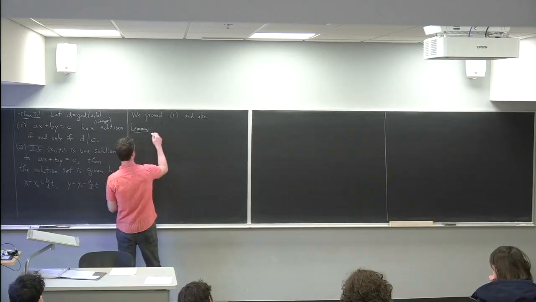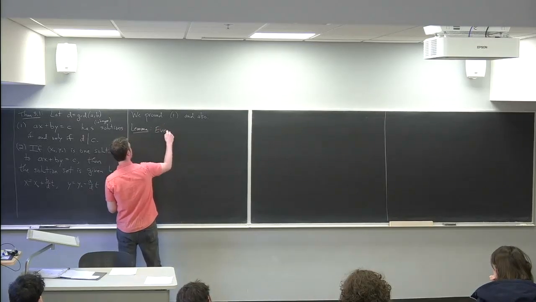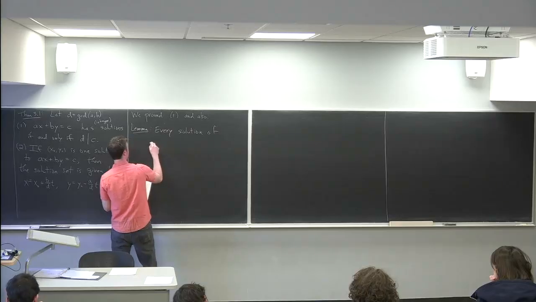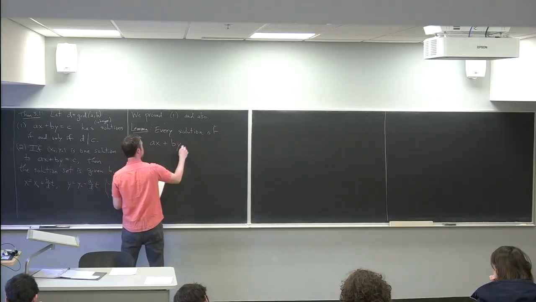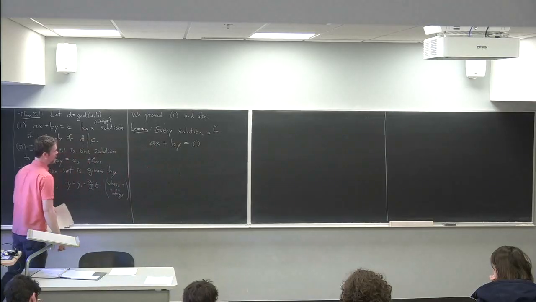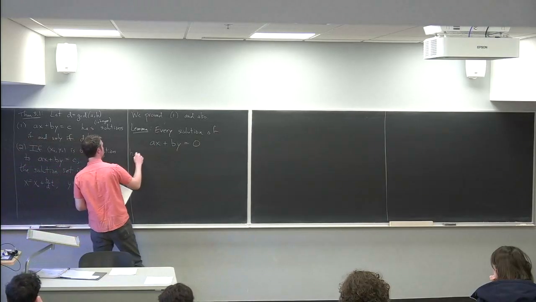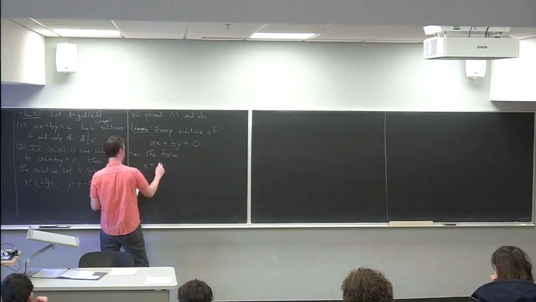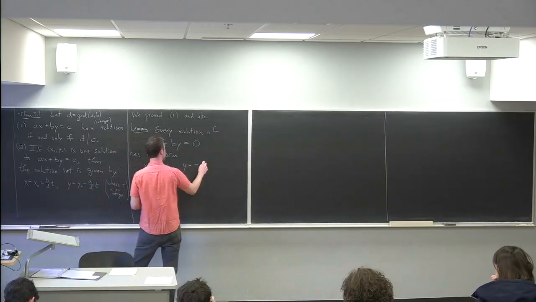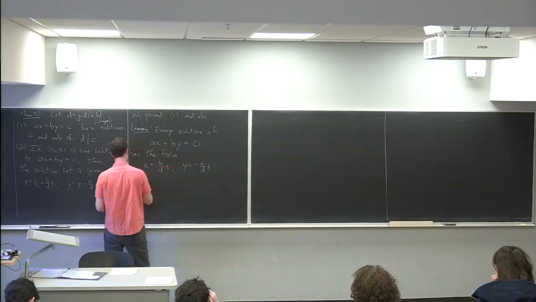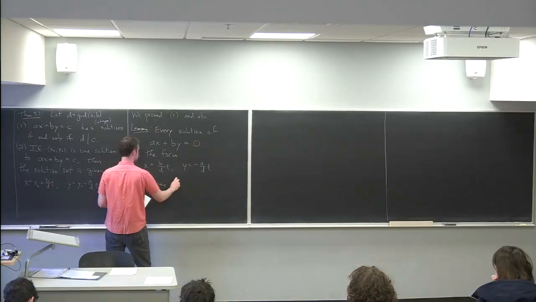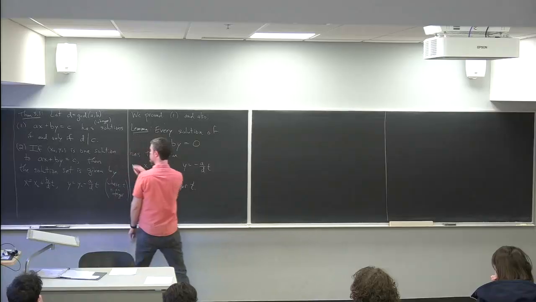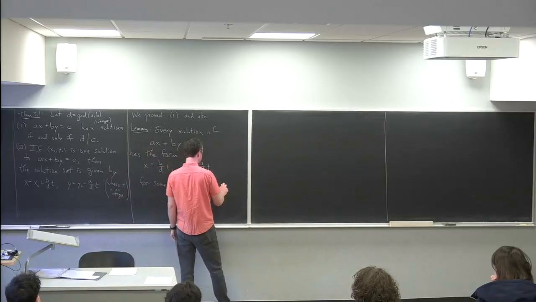The thing we did prove is that every solution of this Diophantine equation, where the right-hand side is 0, has the form x is b over d times t, y is minus a over d times t, for some integer t. Sorry, I was sticking with the notation over there, which is that d was the GCD of a and b.